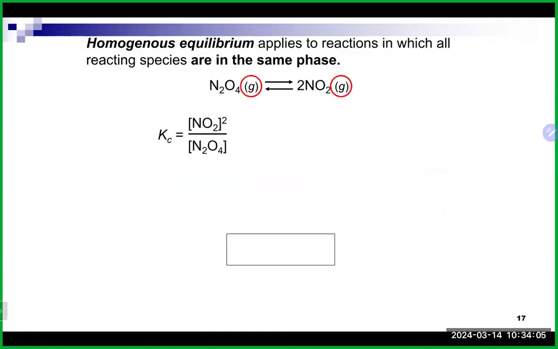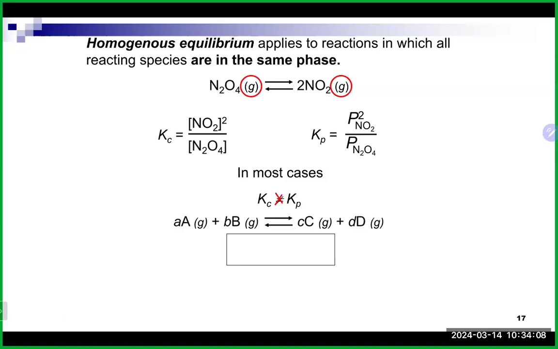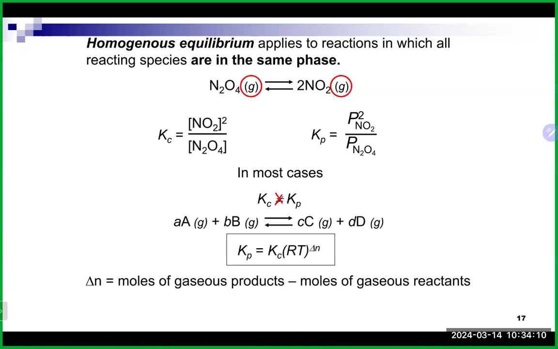All right, so let's talk a little bit about homogeneous equilibrium. Homogeneous equilibrium is much like a homogeneous mixture. It means that everybody's in the same phase. And we could write our equilibrium expression for this reaction here, which again is our products over our reactants.